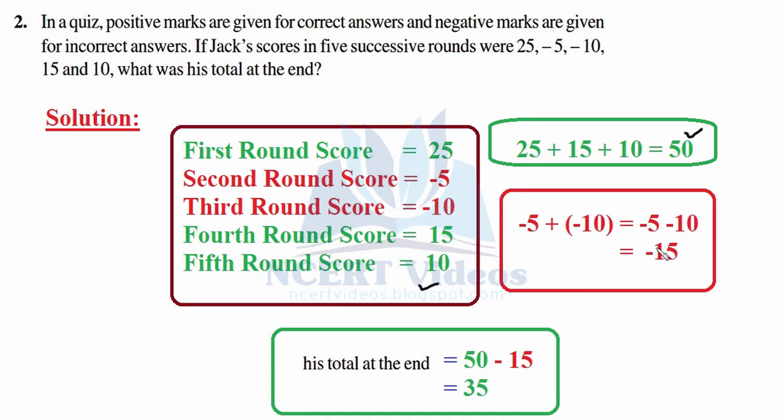So minus 5 plus minus 10 is minus 15. Because signs are the same, we add them. Now for his total at the end, we have to subtract these because negative will deduct from positive. So 15 less than 50 gives you 35. It is very easy to do. He scored 35. That makes your question number second.